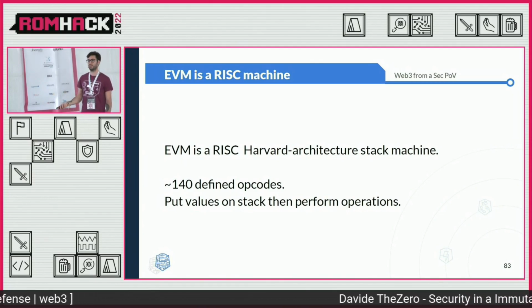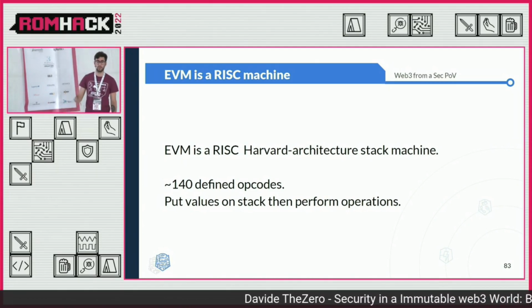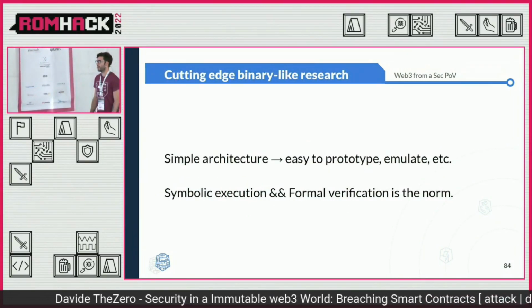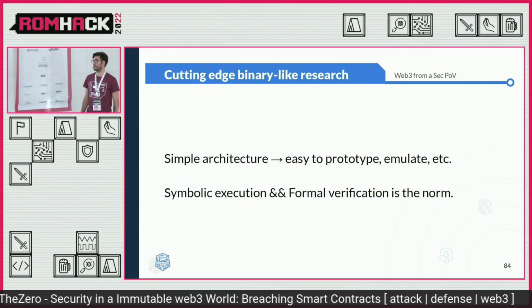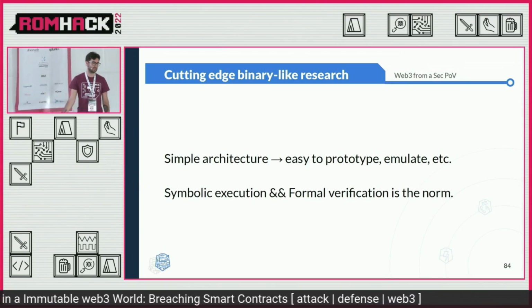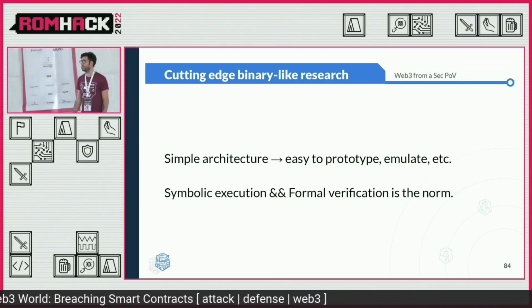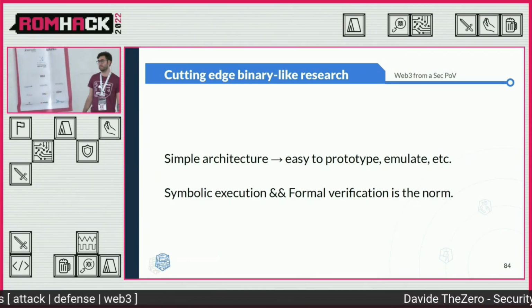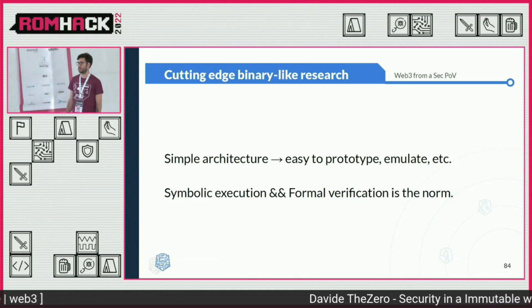And if you ever played with Dalvik or Lua, they are stack machines as well. And you can easily prototype the architecture, since it is really simple, and you can emulate it with Python and with all your favorite programming languages.